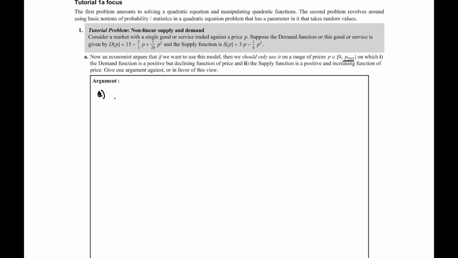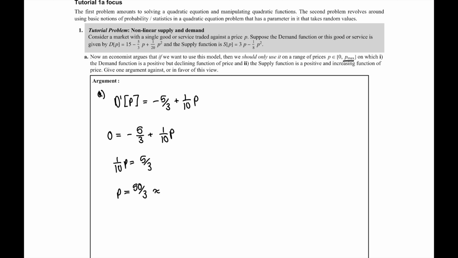To do that, I'm going to differentiate the demand function so that we get minus 5 over 3 plus 1 over 10P, and I'm going to equate this to 0 to find the maximum point. So 1 over 10P is equal to 5 over 3, so P ends up being 50 over 3, which is approximately 16.7.